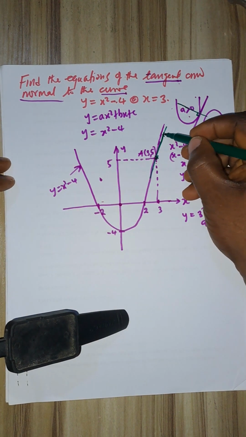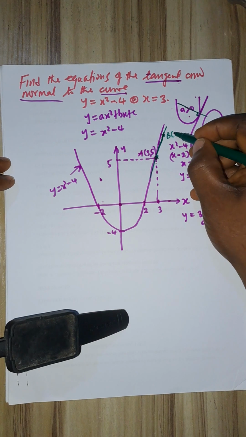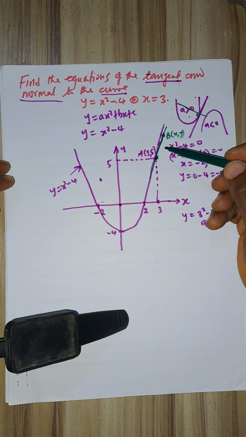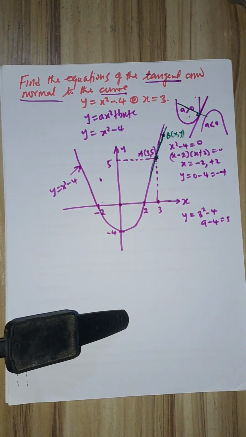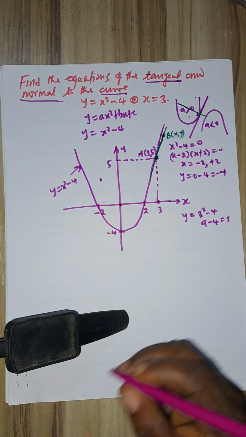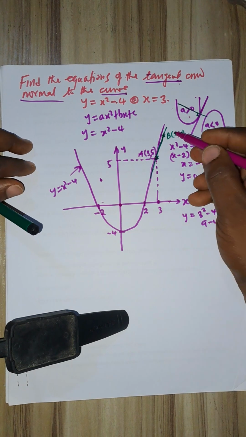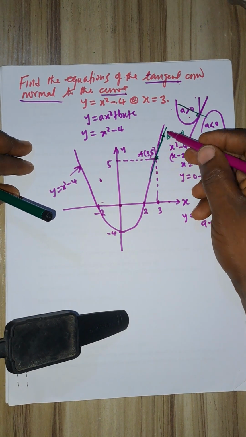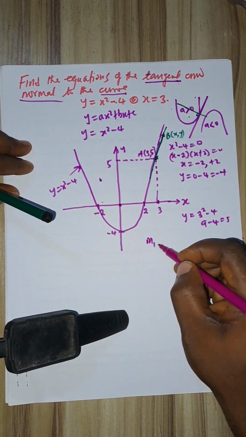Now we choose an arbitrary point, say B, that has coordinate xy. This is coordinate A. Having two coordinates, we can find the gradient. So let's call the gradient of this tangent m1.